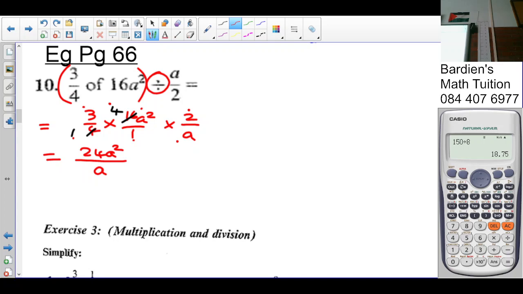You with me, Michael? Now what? What can we do now? You can subtract. So it's 24a. 2 minus 1 is? Alright, do you guys understand?